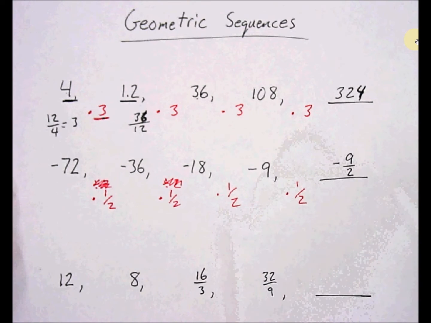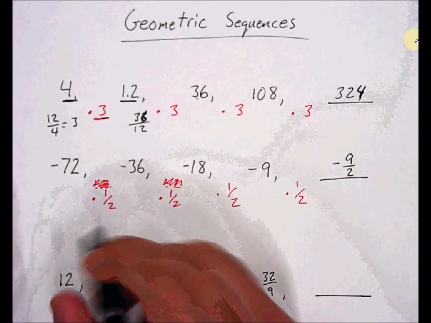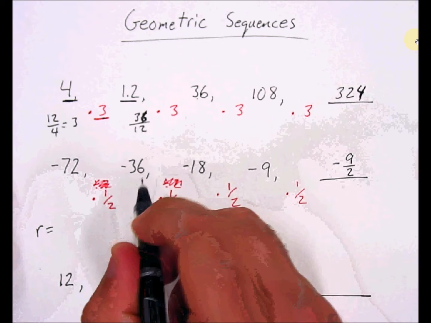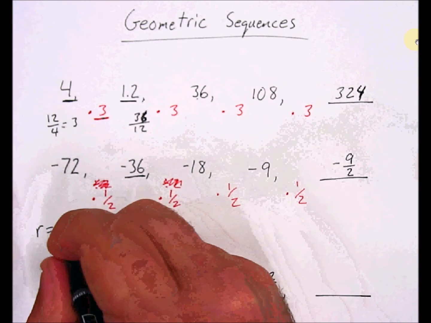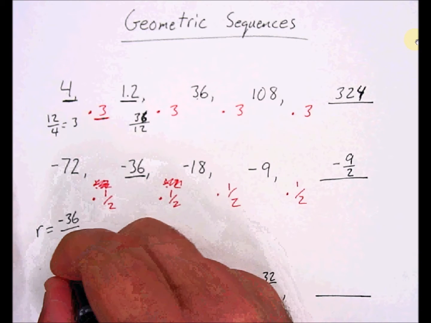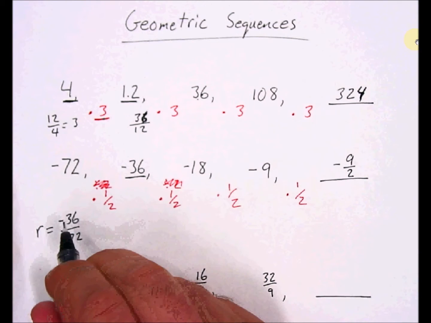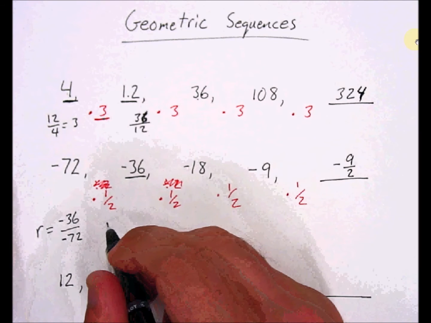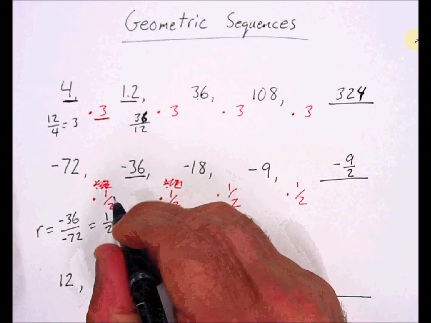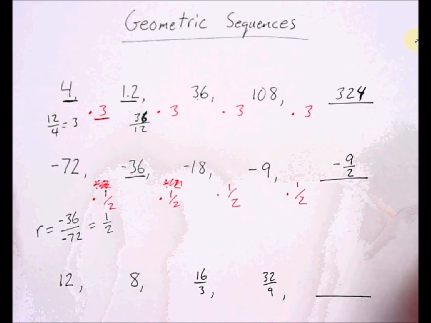And we can double check that this is the common ratio. If I want to find my ratio, I'm going to take my negative 36 and divide that by the term that came before it, my negative 72. Negative divided by negative becomes a positive, and this simplifies down to 1/2, which is my common ratio. Okay.